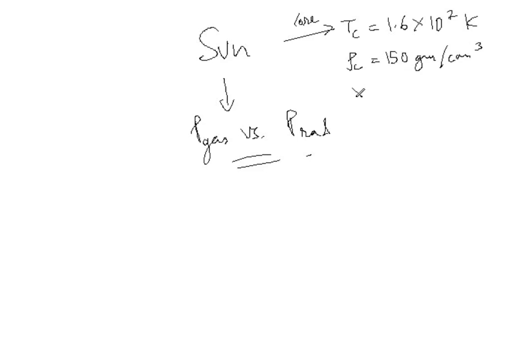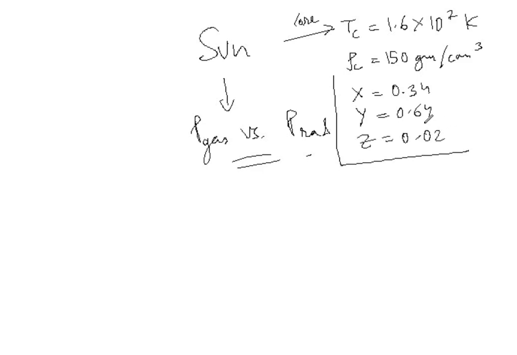Also, let's talk about composition. Composition is here: Y is equal to 0.64 and Z is equal to 0.02. Now notice that X is just 0.34. What does this mean?